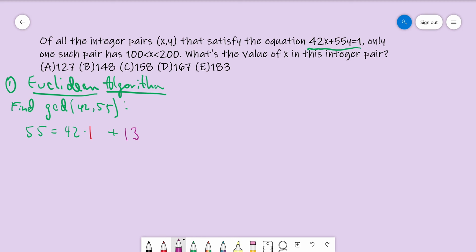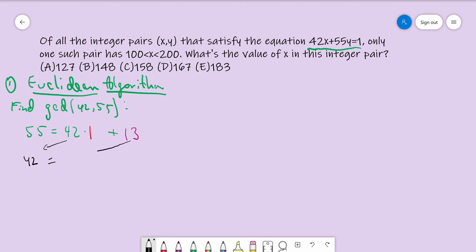Now the next part is taking this number, 42. I'm going to write it over here. Equals, and you do the same thing but with 13.